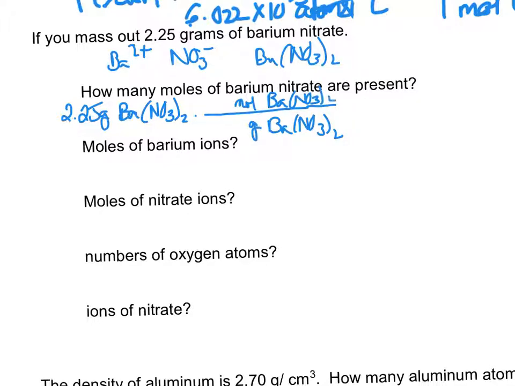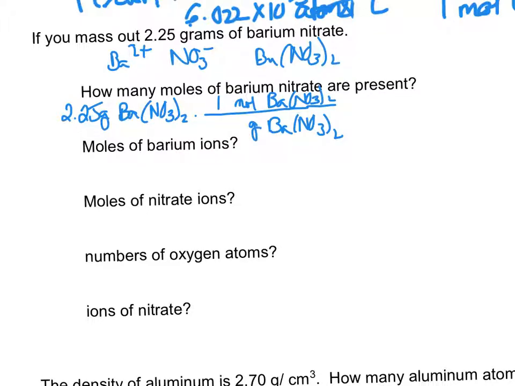And to get the relationship between moles and grams, I use the molar mass. So 1 mole of barium nitrate. For the grams, I add them up on the periodic table. So I add a barium, which is 137.3 grams per mole. Then I add 2 nitrogens, which are 14 grams per mole each. And then I add 6 oxygens, which are 16.0 grams per mole each.